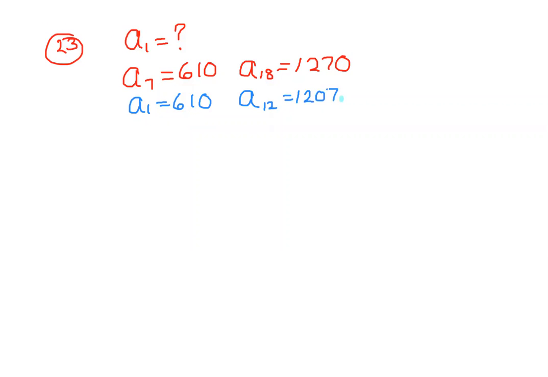Whoops, I wrote that backwards. Just to find what D is, because if I can find D, then I can go back and find A1. Because in our formula here, this is what I'm looking for, but I don't know this and I don't know this from what is given. So I have to find those out. So I'm just going to call this A1 and A12.